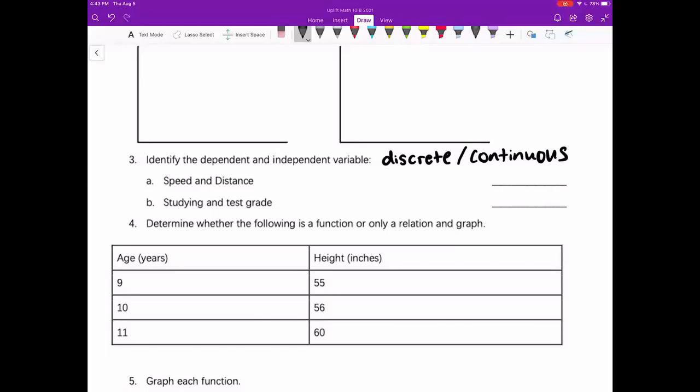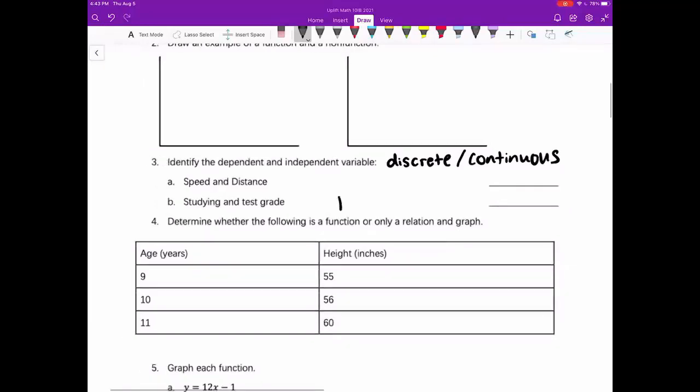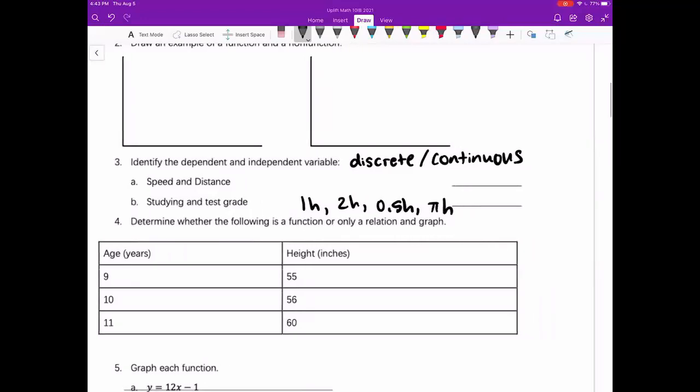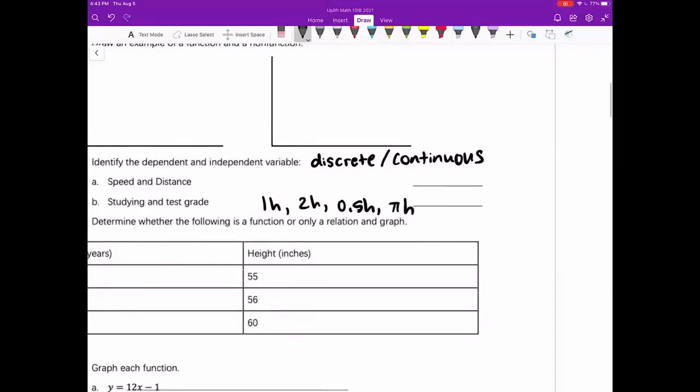I could study for an hour, 2 hours, but I could also study for 0.5 hours, or even pi hours. Unless you're doing the Pomodoro timer or you're forced to study in school, you can study for any number of hours you want. Since it can take on every single value, it's continuous.